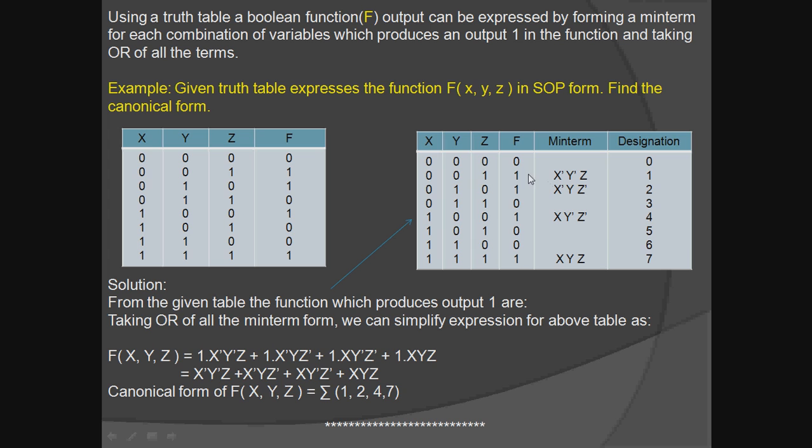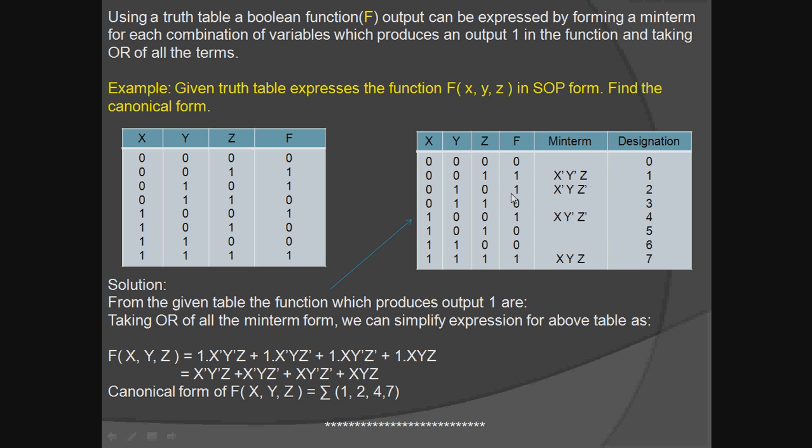So it will start from where the function is 1, is true. Since x is 0, x becomes complemented, and since y is 0, y becomes complemented. So we have x complement, y complement, and since z is 1, z retains its own variable.